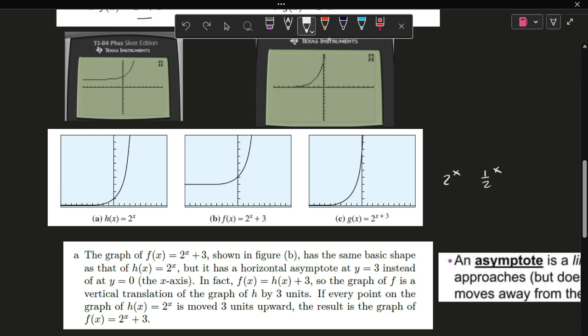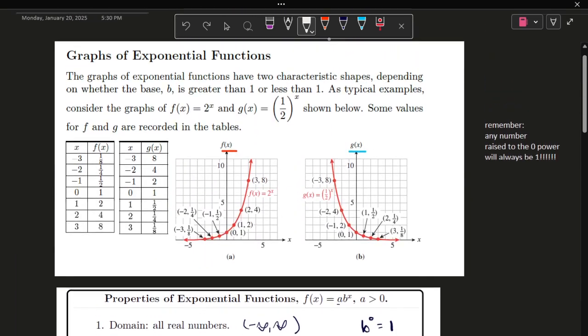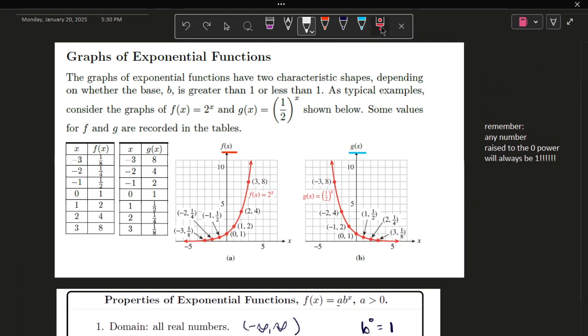I'll go back up to here really quick just to explain it. Remember, 2 raised to the x is always going to constantly increase toward infinity. And 1/2 raised to the x is always going to get much smaller from the origin 0, 0.